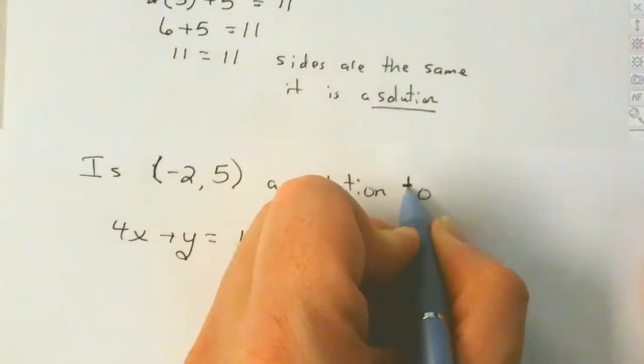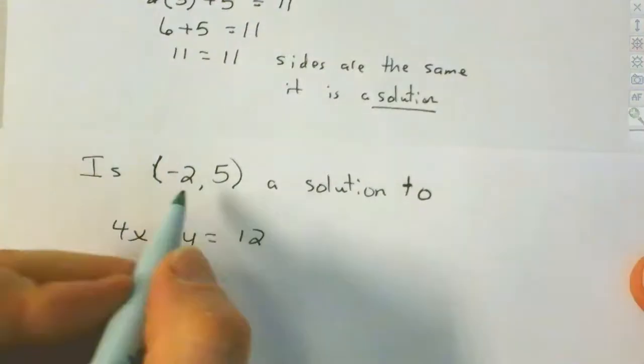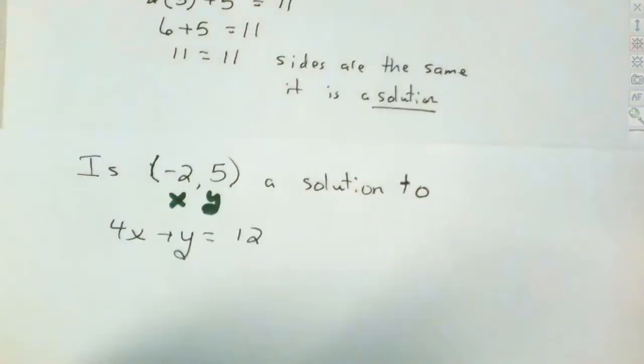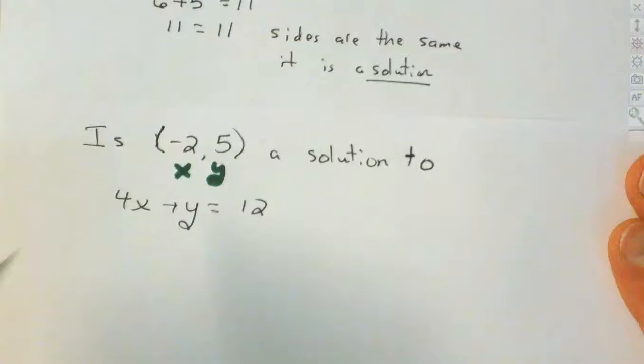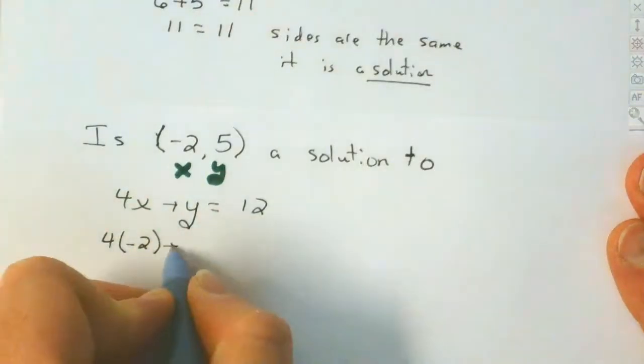Now, if it's a solution, what should happen? The sides should be the same, right? So let's plug in our x value and our y value and see if it comes out to give you 12. If it comes out to a different number, then it is not a solution. So that would be 4 times negative 2 plus 5.